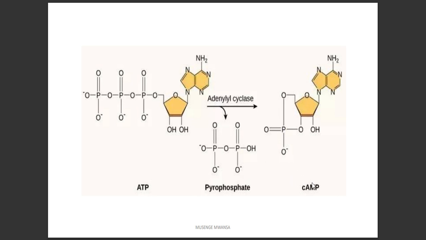Now, because we have increased cyclic adenosine monophosphate, it is going to affect the chloride channels. Because it has affected the chloride channels, they are going to open.